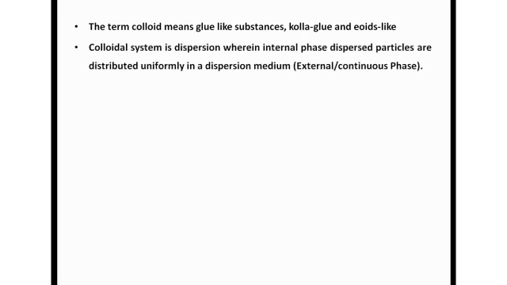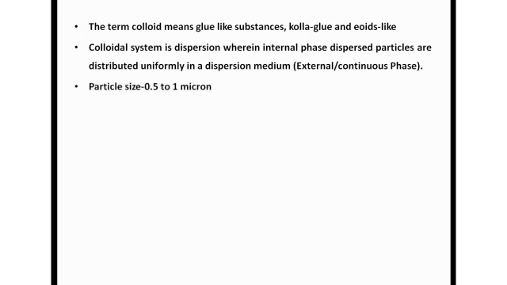The colloidal system, as we have already discussed, is a dispersion system where the internal phase, that is the dispersed phase, consists of particles uniformly or homogeneously dispersed in the dispersion medium. The dispersed phase is known as the internal phase. The dispersion medium is known as the external phase or the continuous phase. Hope it is clear to you now.